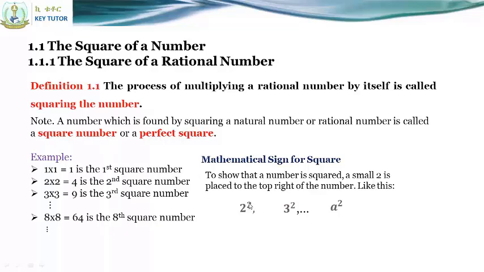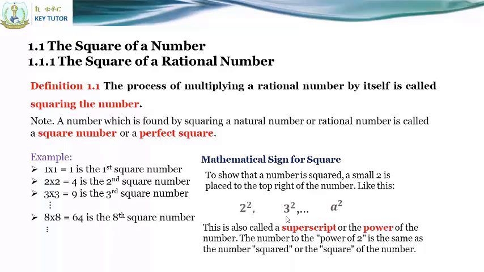So here the number 2 as a superscript tells us that this number 2 is squared. The superscript 2 here tells us this 3 is squared. Here also in general, a squared with a superscript 2 tells us a is squared.